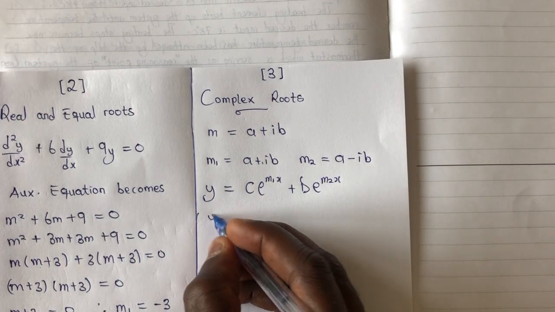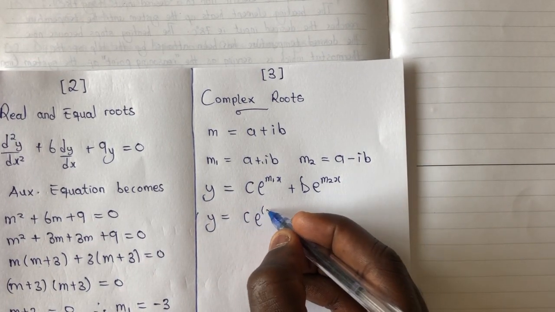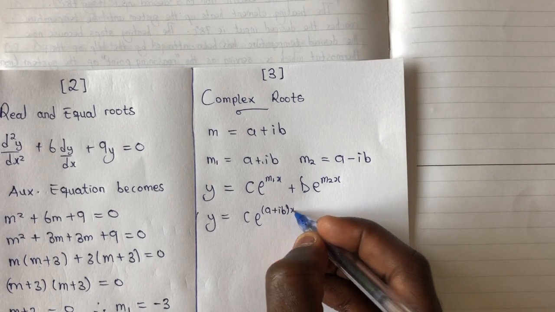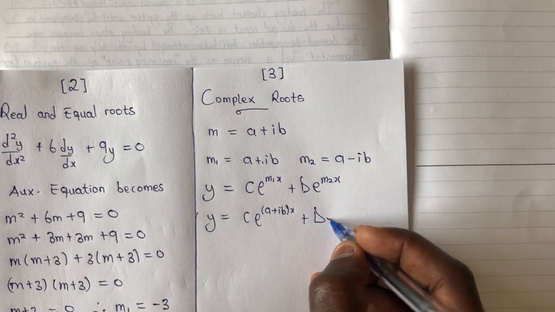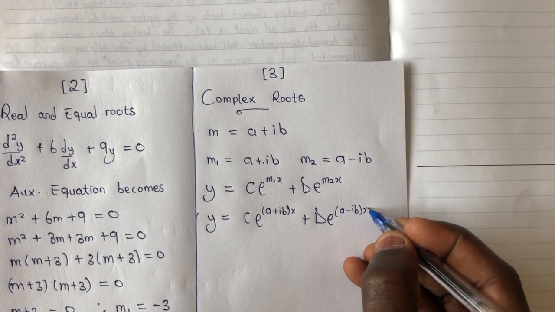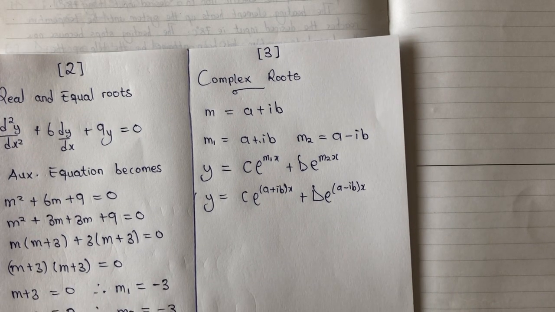So we have y equal to c e to the (a plus ib)x plus d e to the (a minus ib)x. This is what we have.